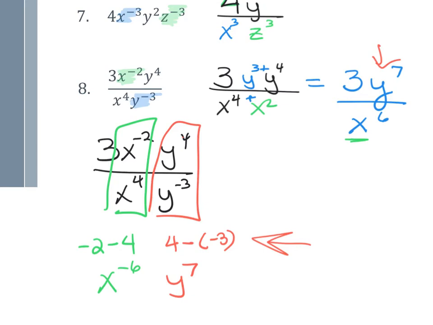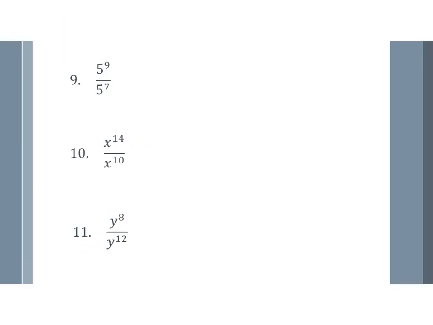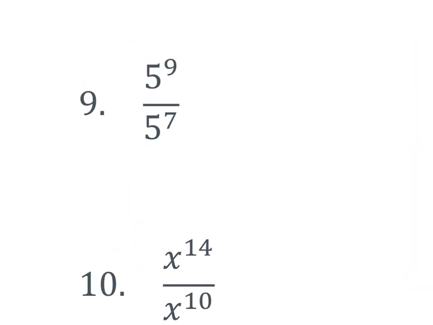All right, let's try another example. We have the same base, so I can do this two ways. I can take my shortcut here and just do 5 to the 9 minus 7, get 5 squared, 25. I could also just simplify.